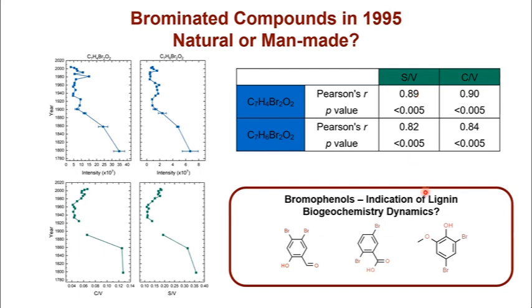So then can we just hypothesize that at least some of the brominated compounds, particularly, as an example here, these two brominated formulas, may be related to lignin biogeochemistry? Again, confirming the possible link of halogenation to organic carbon cycling.